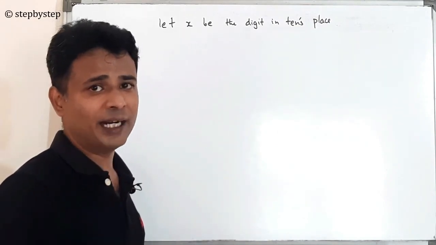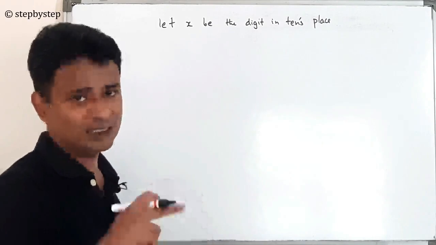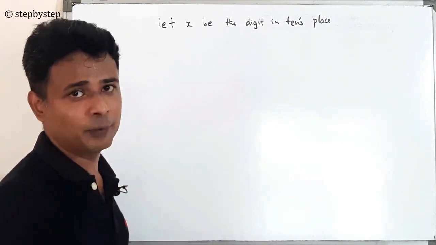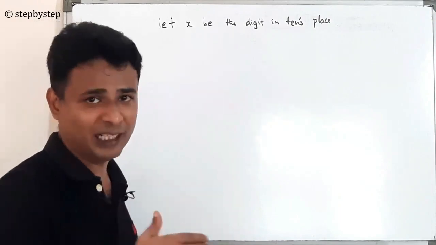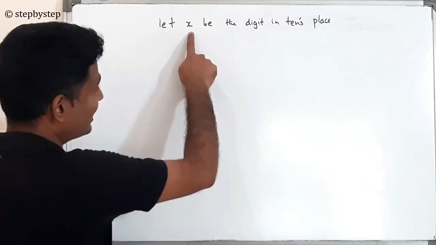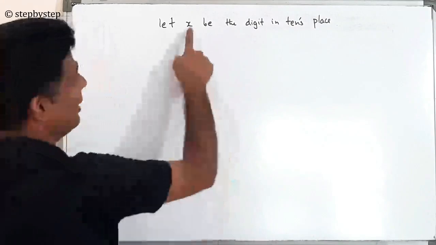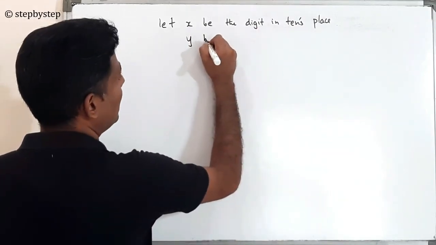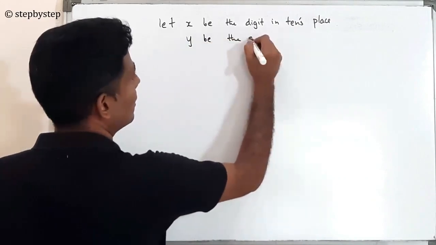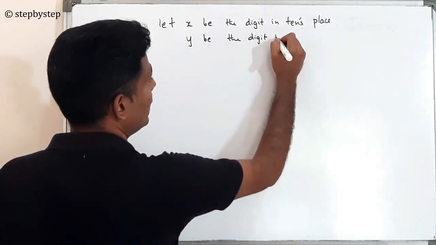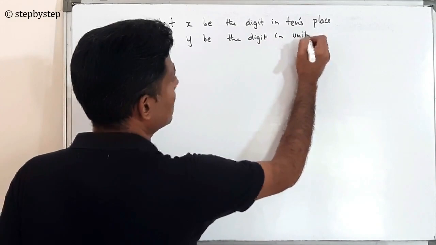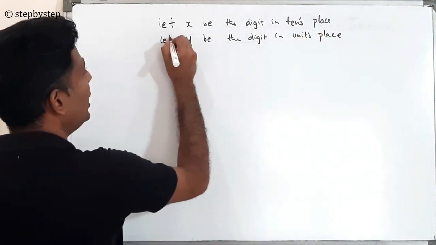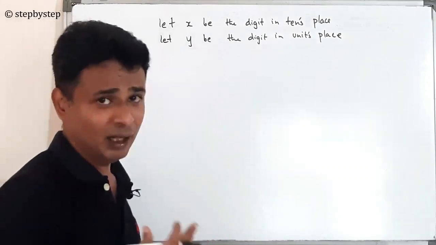Generally whatever you have to find is x and y. In this they have asked us to find the two-digit number, which means it will have two variables because it's of the form 10 into something plus something, right? So when you are writing 10x plus y, x should be in tens place. Let y be the digit in units place. You have to start every problem explaining what is x and y.